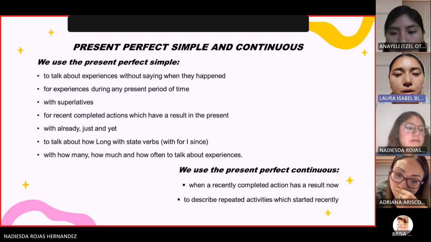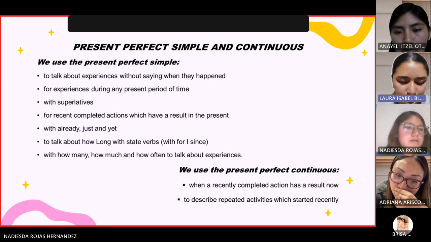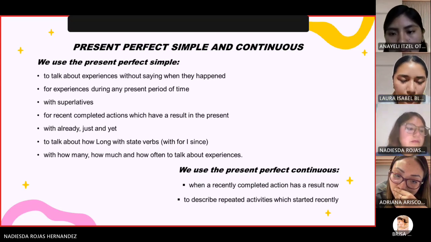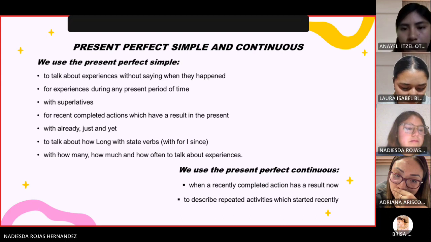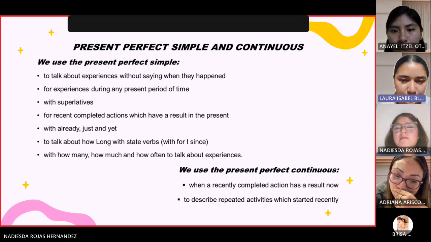To talk about how long with state verbs, we use for and since. For example, I have known him for four years, but I haven't seen him since January.